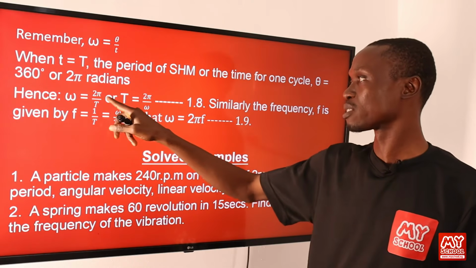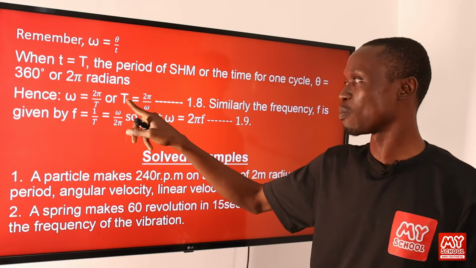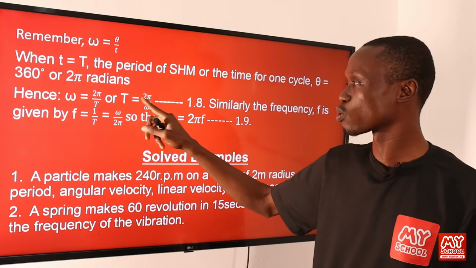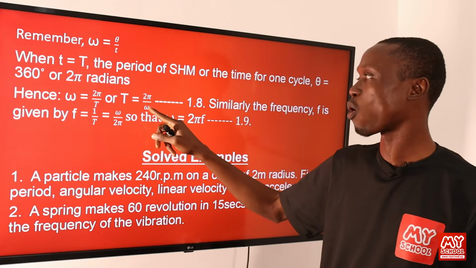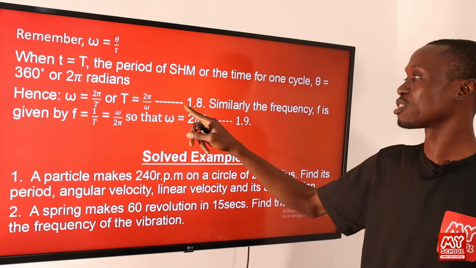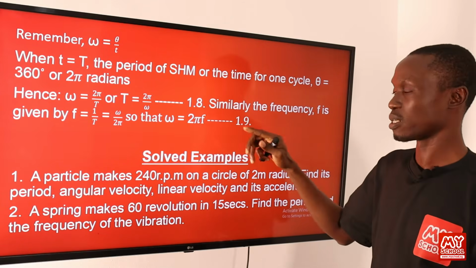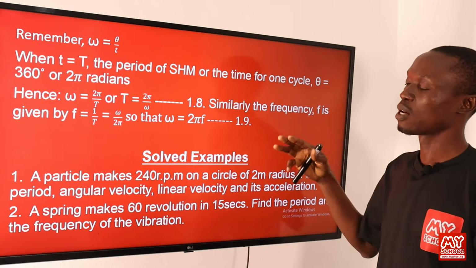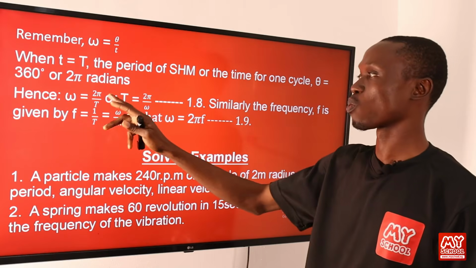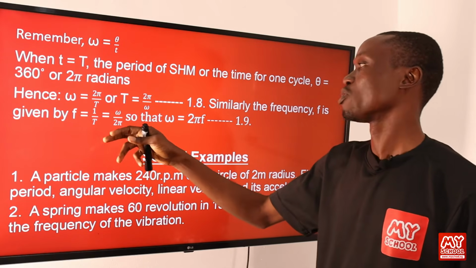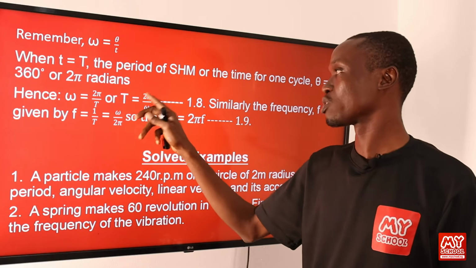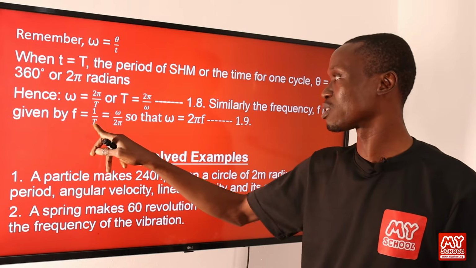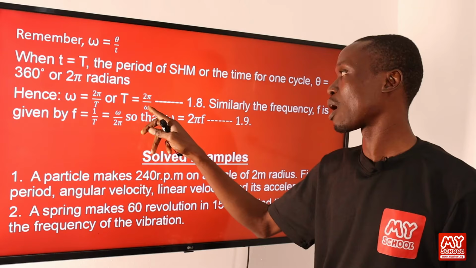So if we make T the subject of formula, we'll have that T, which is the period of the simple harmonic motion, is equal to 2 pi all over omega. And we call this equation 1.8. Now, similarly, we know that the relationship between frequency and period is T equals 1 over f, right? Since our T is equal to 2 pi all over omega, anywhere we see T, we replace it with 2 pi all over omega.